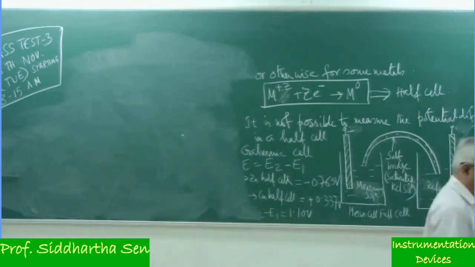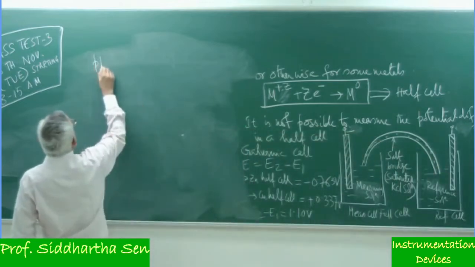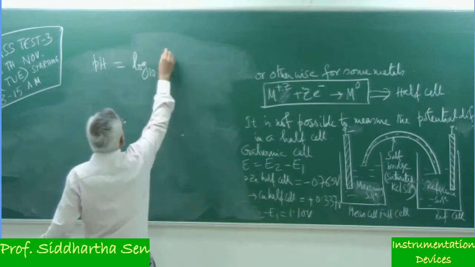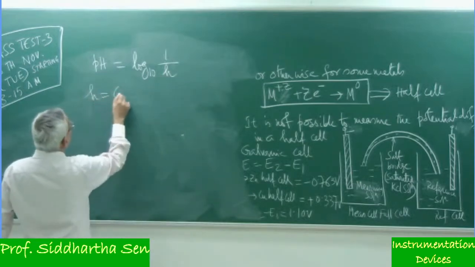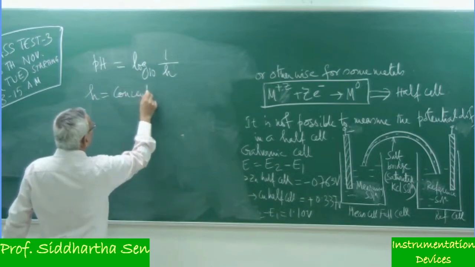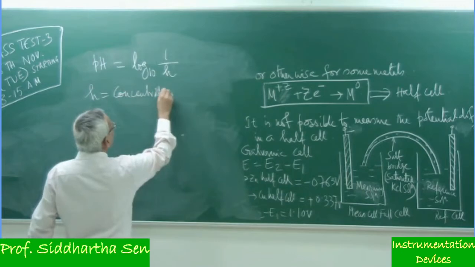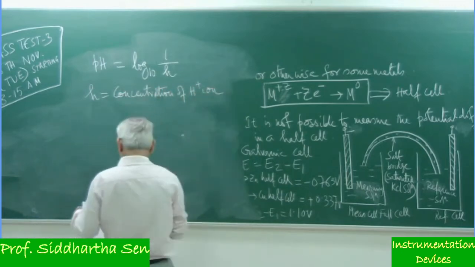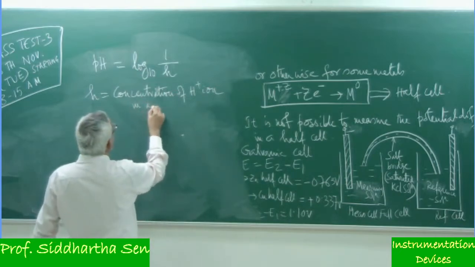Basically, if we recall, the pH is expressed as log to the base 10 of 1 divided by H, where H is the concentration of H plus ion in a solution.